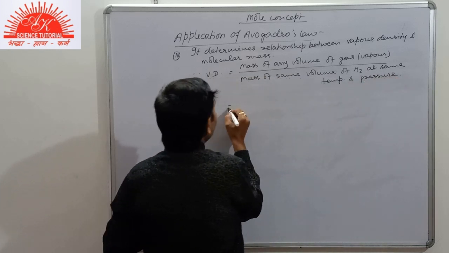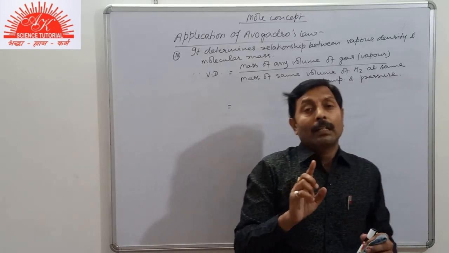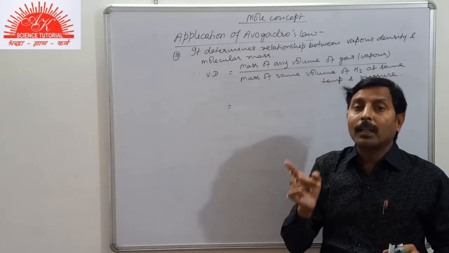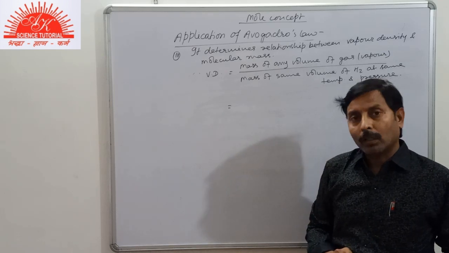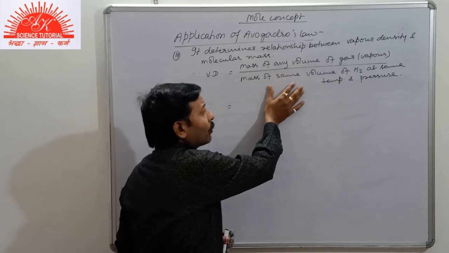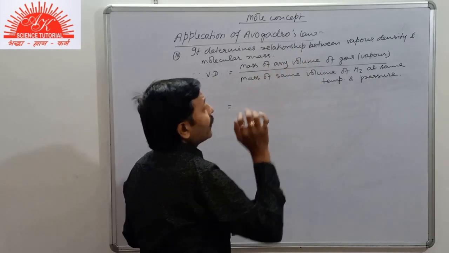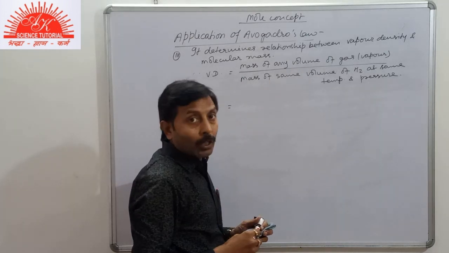Now just use Avogadro's law here. It says that if the volume is equal, the number of molecules will also be equal. It means if there are 100 molecules, hydrogen will also have 100 molecules. If it has one molecule, then hydrogen will also have one molecule.